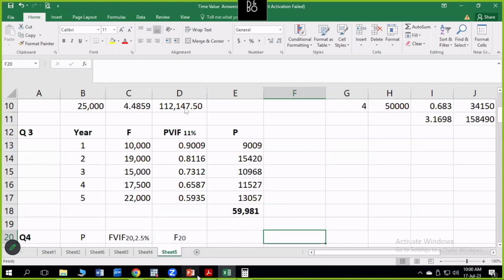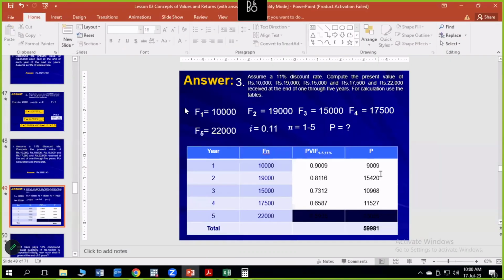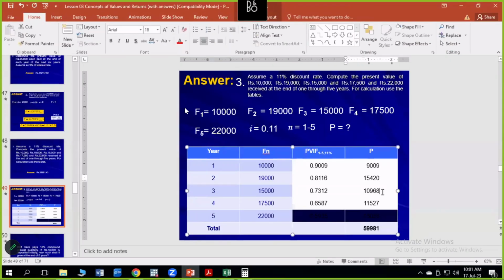So you want to present your answer for each and every calculation to the nearest rupee. Then you put the total over. If you calculate with cents or decimals, then your total answer would be different.